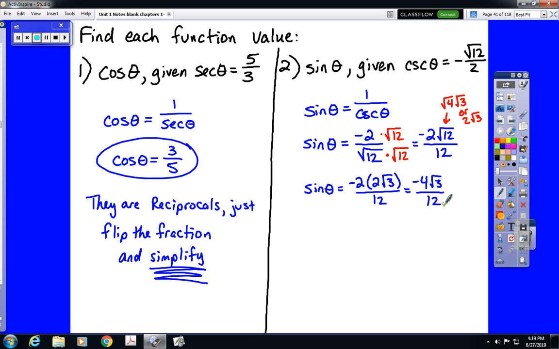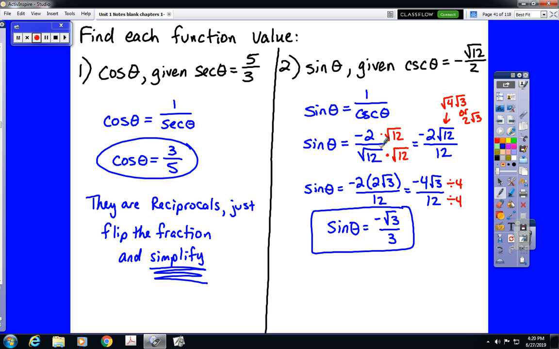Okay, and then those are both divisible by 4. So then we have to reduce the fraction. Divide the bottom and the top by 4, and we get negative root 3 over 3.